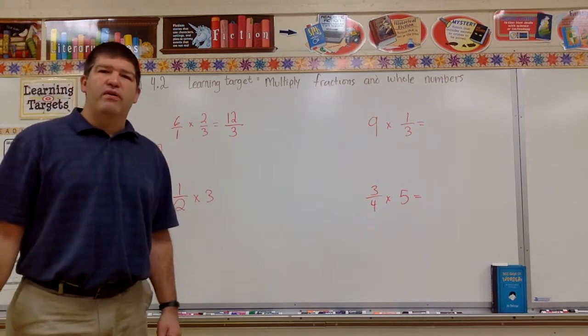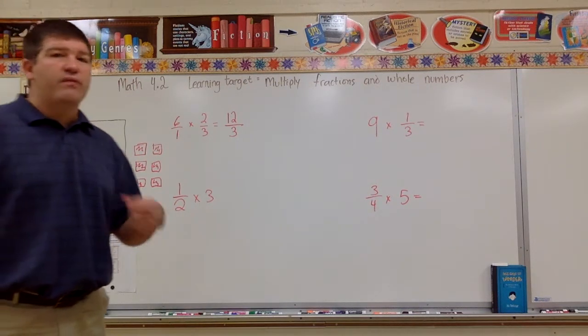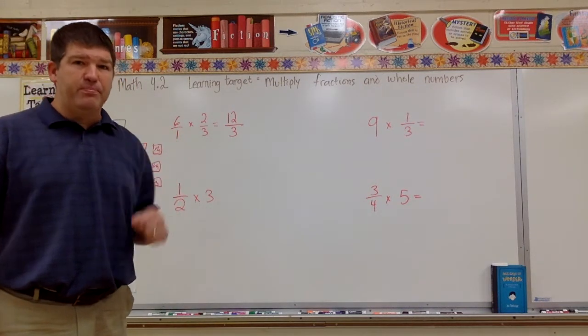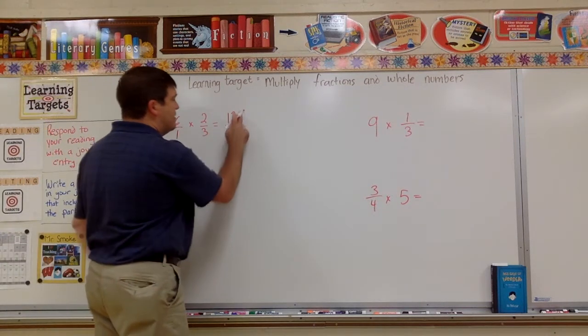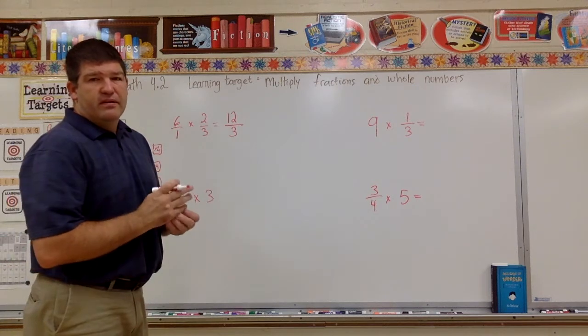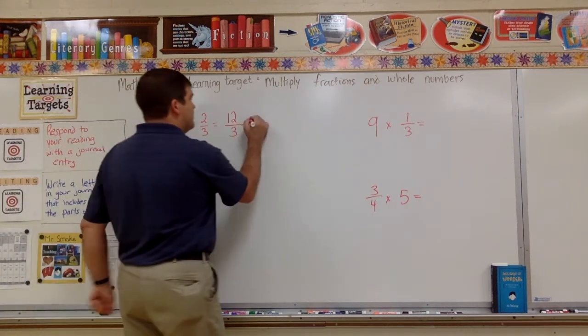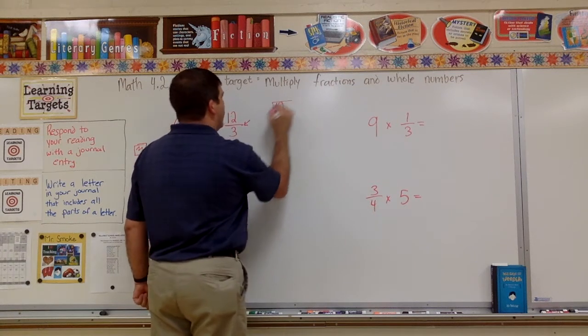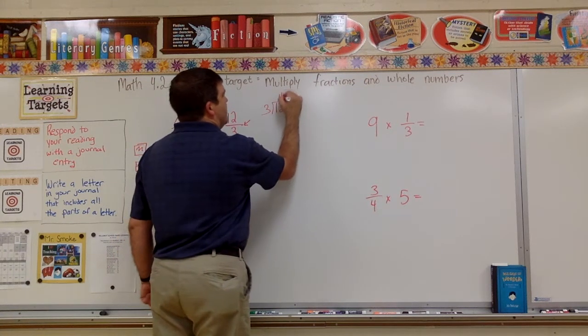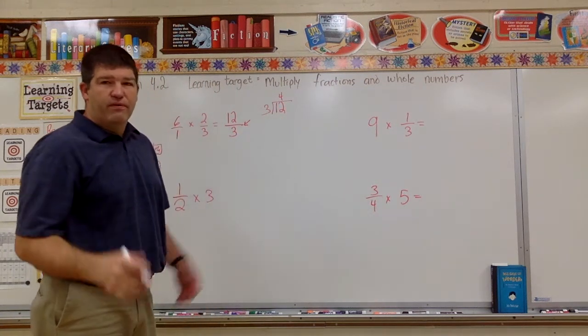So it's 12 over 3. Now 12 over 3, improper. So I could see how many times does 3 go into 12? Okay? Because remember, this is a division. It's 12 divided by 3, and it gives me 4. So I have 4.